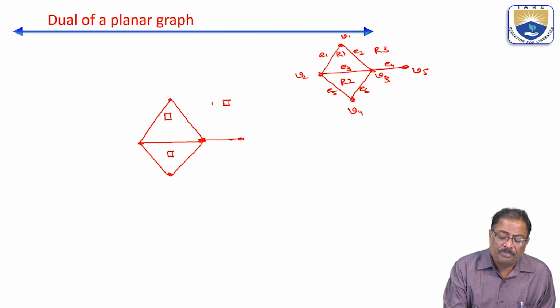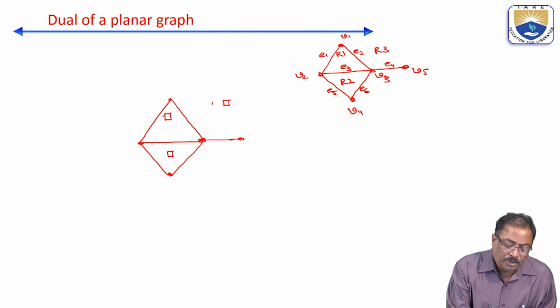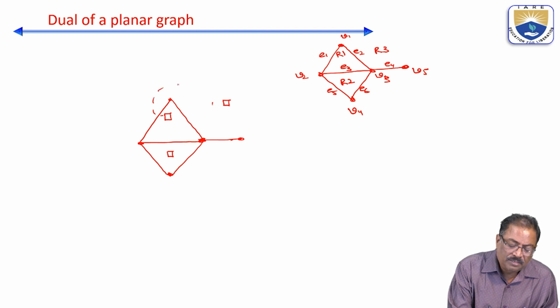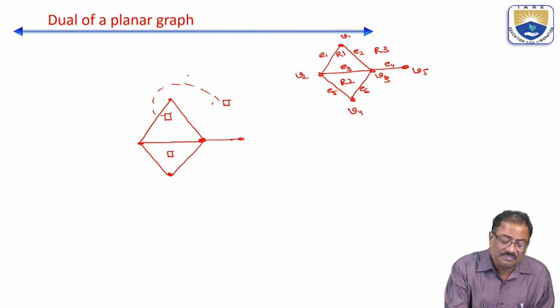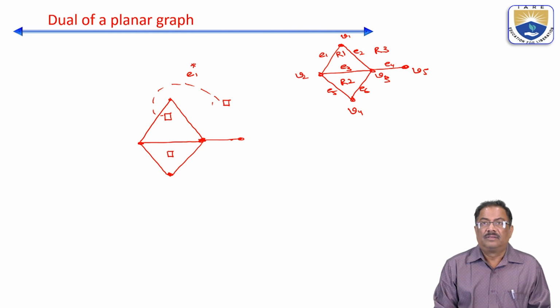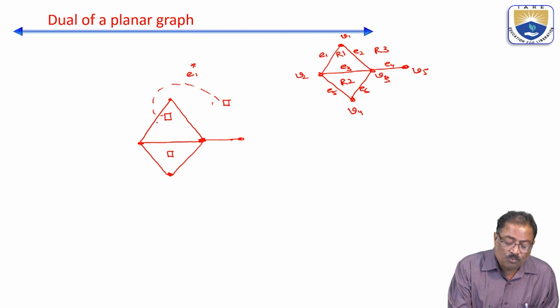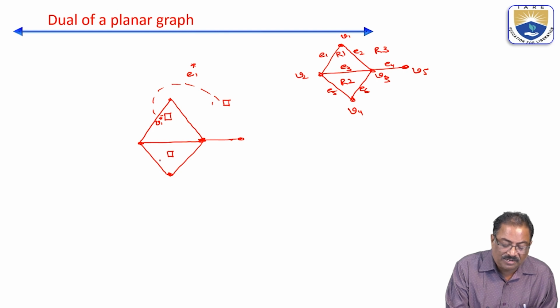Now we construct one edge corresponding to E1, and we take it as E1 star. This vertex is V1 star, this vertex is V2 star, and this vertex is V3 star.